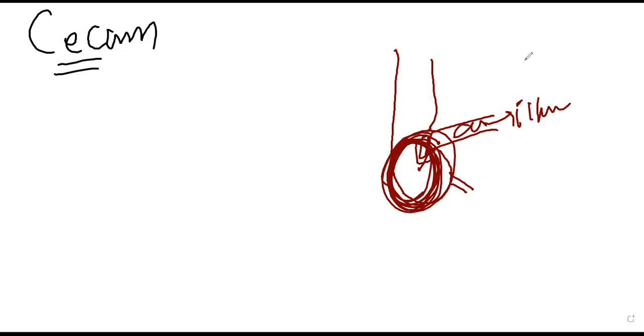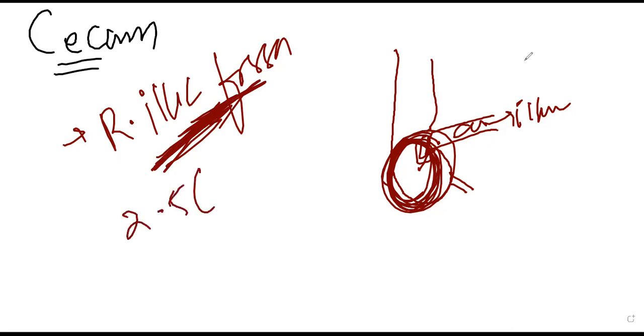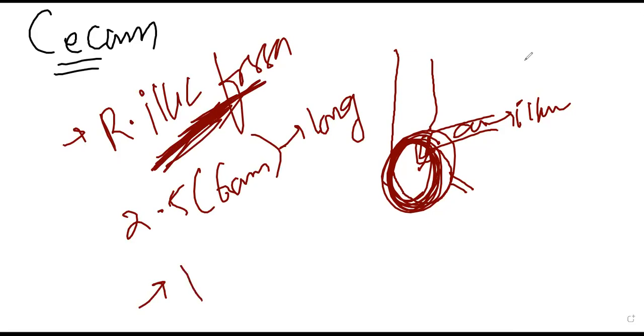It is an expanded pouch that is situated in the right iliac fossa. You must know the location, that the cecum is present in the right iliac fossa, and it is about 2.5 inches or 6 centimeters long, and is completely covered with the peritoneum.